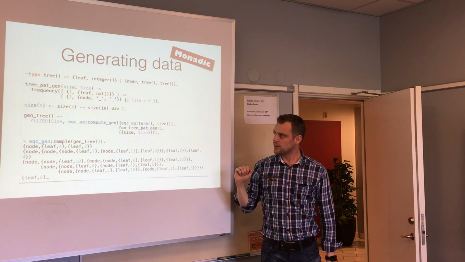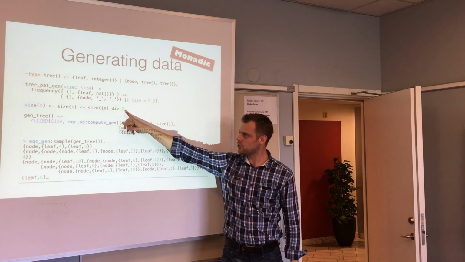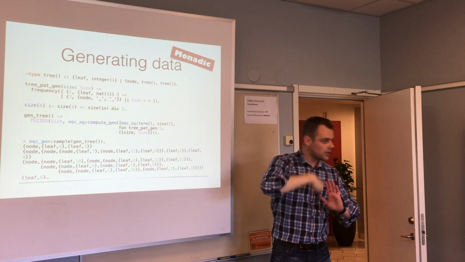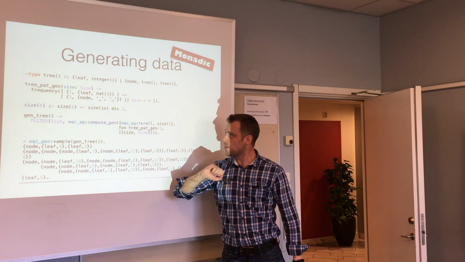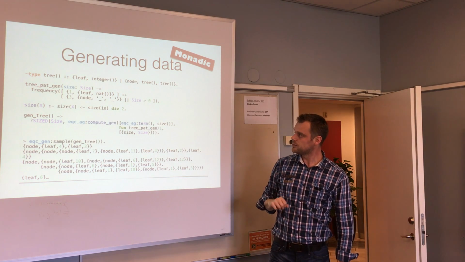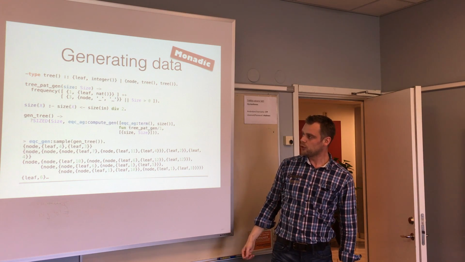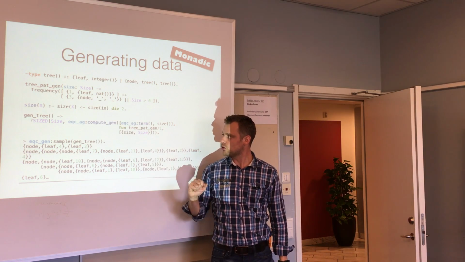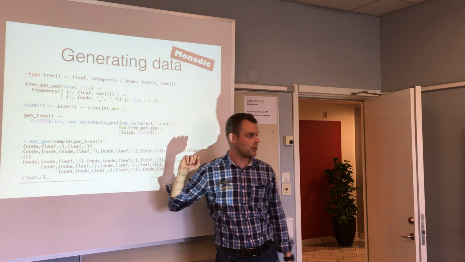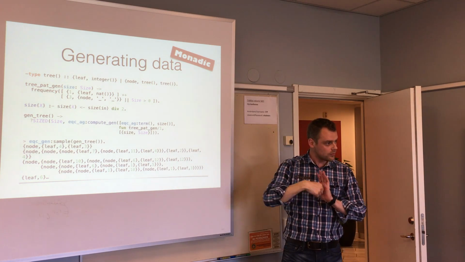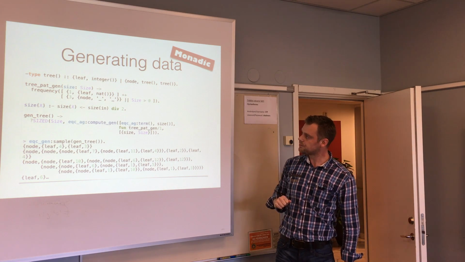So we define the size attribute as follows. For every recursive data structure, we divide the size by 2. And instead of compute pure, we use compute gen. And we use the sized macro from EQC gen to control the size.